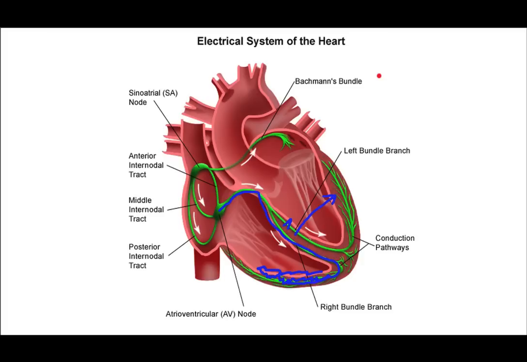Okay, so I'm going to draw in these arrows just to show the direction of that depolarization wave. It's a little different than normal. Normal depolarization goes down and to the left, but in this case, the left ventricle has now been depolarized by the right ventricle. The right ventricle got the message first, sent the wave over, and now the left ventricle is getting it later.